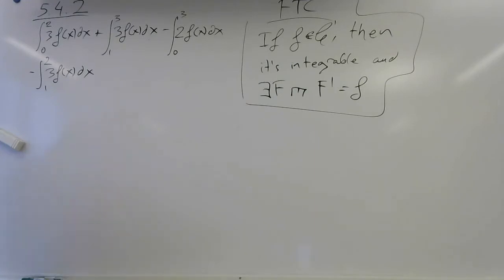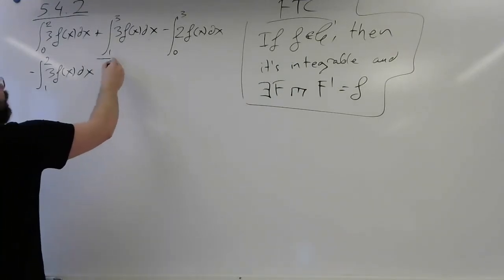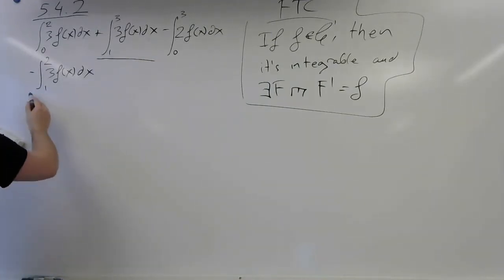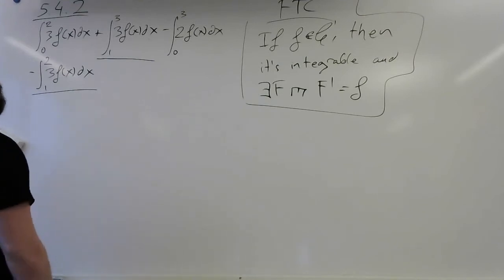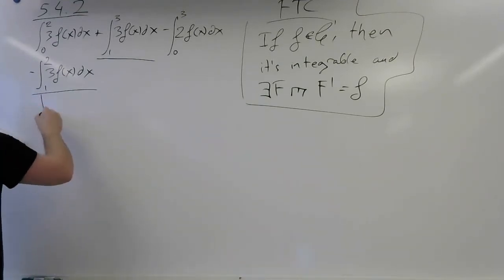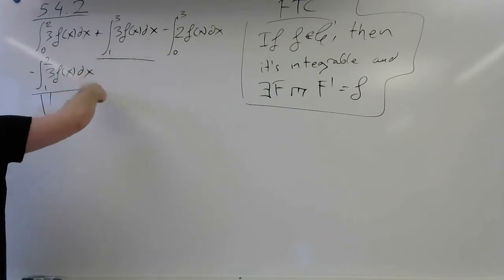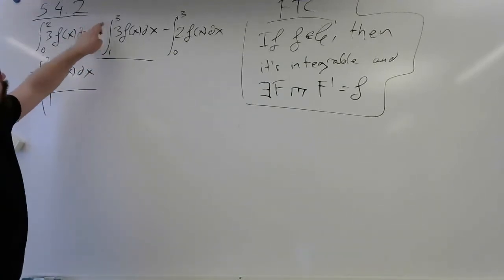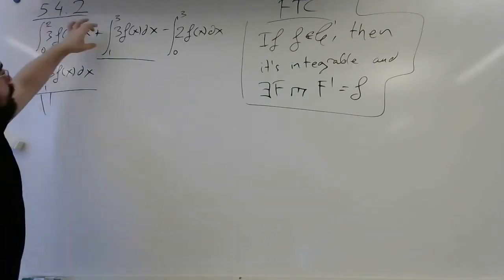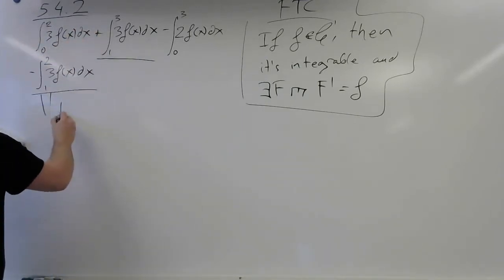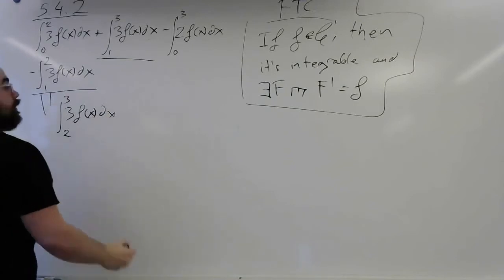Okay, so what do we have here? Here we have the integral between 1 and 3 minus the integral between 1 and 2. So if we sum up these two, integral between 1 and 3 minus integral between 1 and 2, we subtract it from here. And this is the integral from 2 to 3 of 3f of x dx.